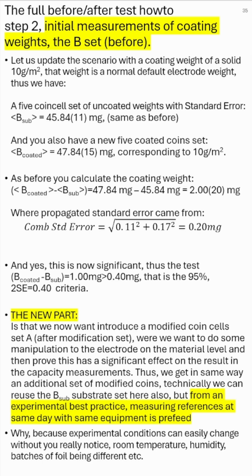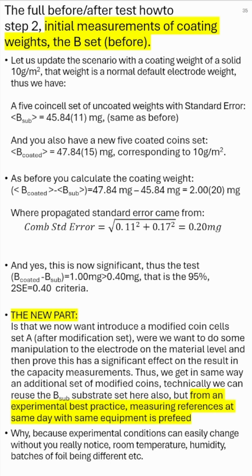The full before-after test, step 2. And here, initial measurements of coating weight, the B set before. So let's start over again now, since we had too little coating on the material. So let's do it the proper way now. We take a standard coating weight that we usually find on electrodes, that is 10 grams per square meter. So let's generate that.